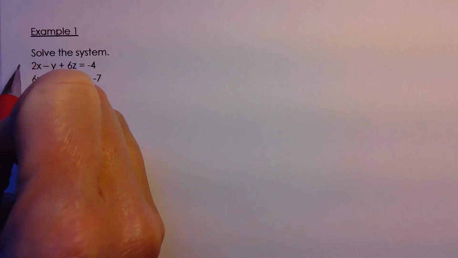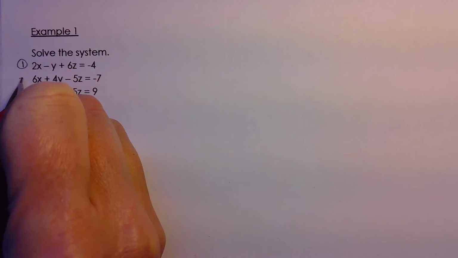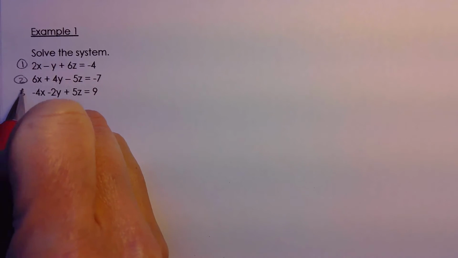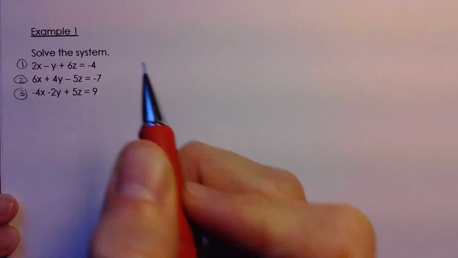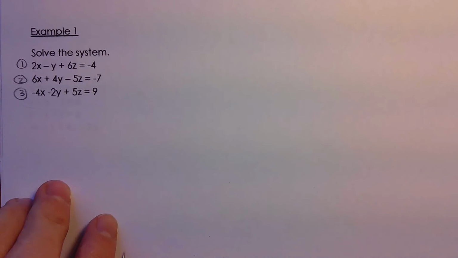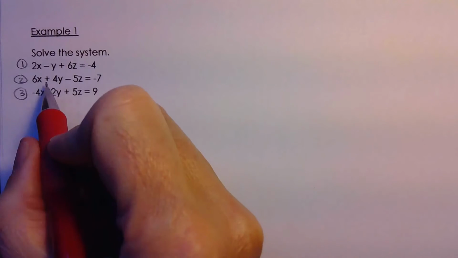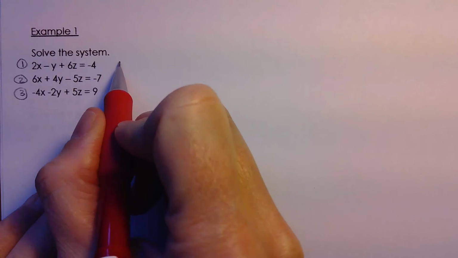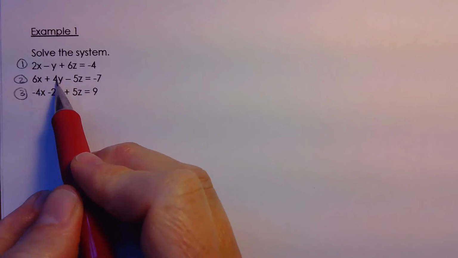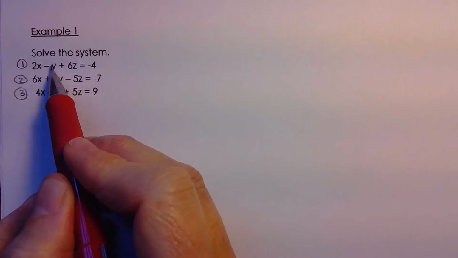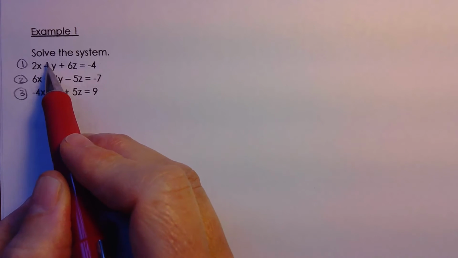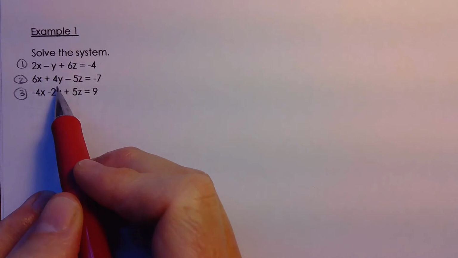You'll find that staying organized is super important with this because it's easy to make a mistake, and if you can't follow any of your work, then it's hard to go back and figure out where you went wrong. If I consider equations 1 and 2, to cancel the y, I need this to be a minus 4y, so when I add them together, they cancel.